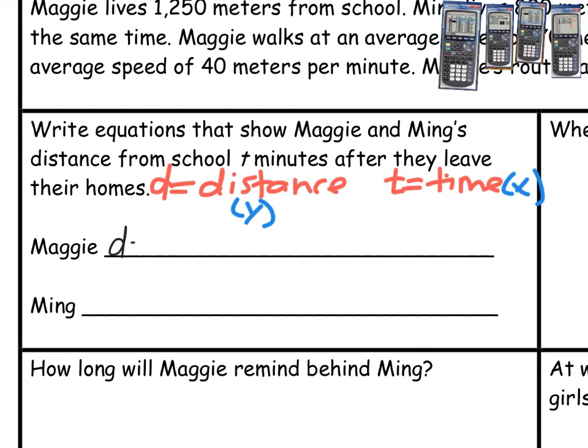Maggie lives 1,250 meters from school, and her speed is 70 meters per minute, so that means her distance from school is going to be decreasing by 70 meters per minute. Ming's distance from school is 800 meters, and again, as she walks, her distance to the school decreases, and she's walking at a rate of 40 meters per minute.